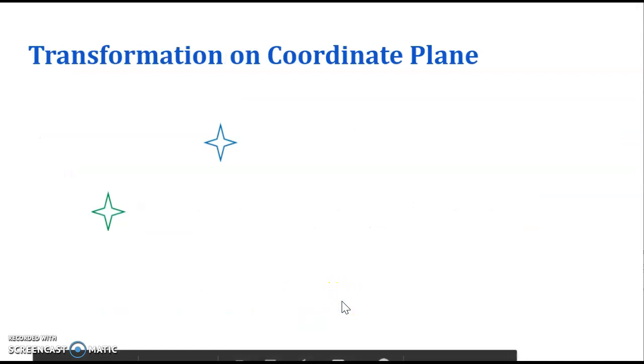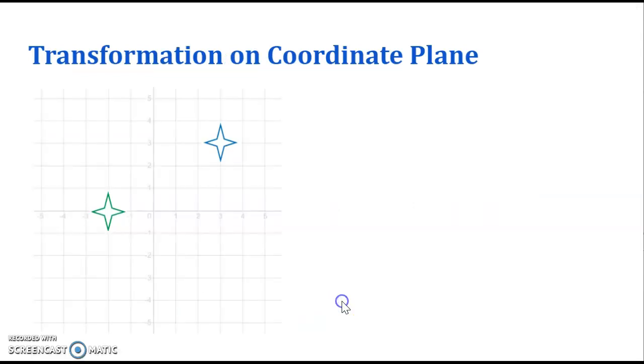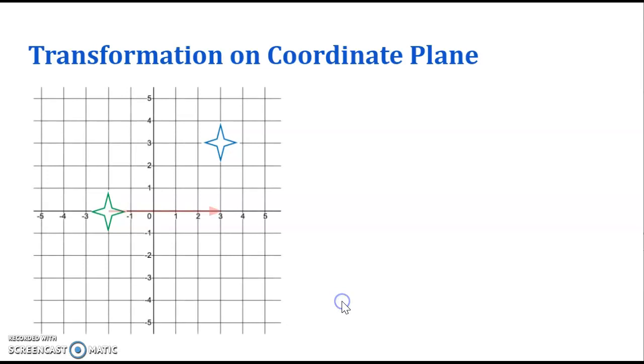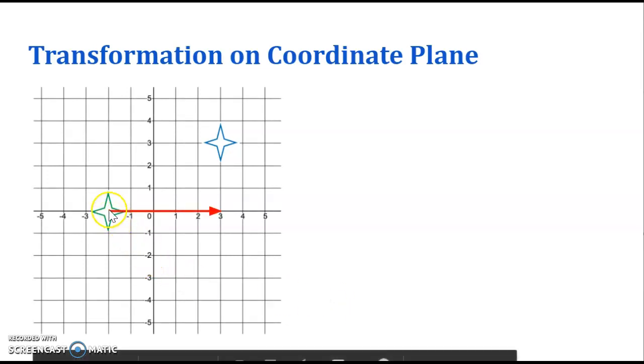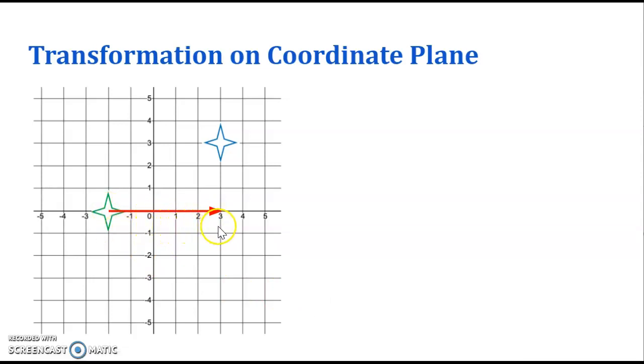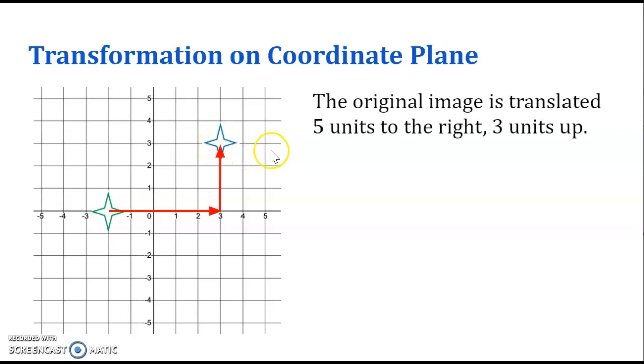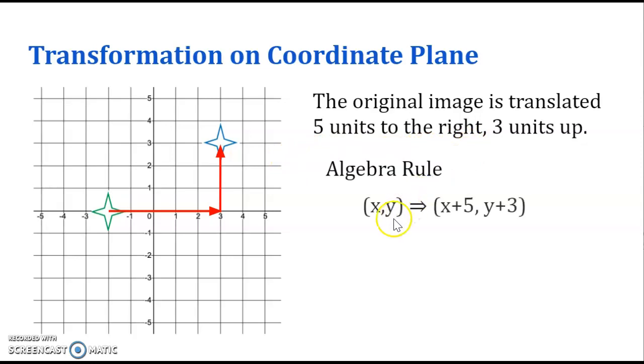Okay, so when you're describing transformation in the coordinate plane, we're moving this green star 1, 2, 3, 4, 5 units to the right, and then 3 units up. So the original image is translated 5 units to the right and 3 units up. In the algebra rule, we can write this as x becomes x plus 5.